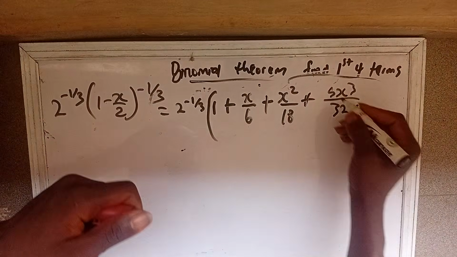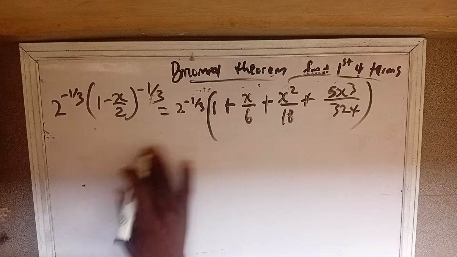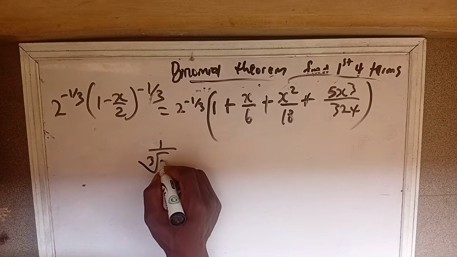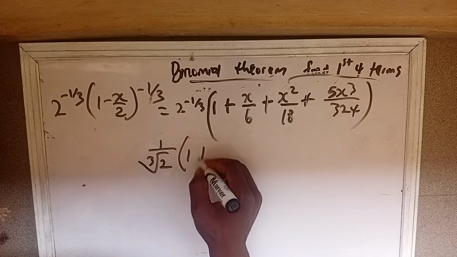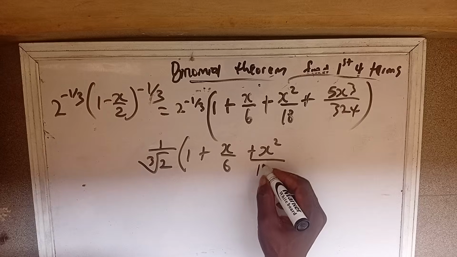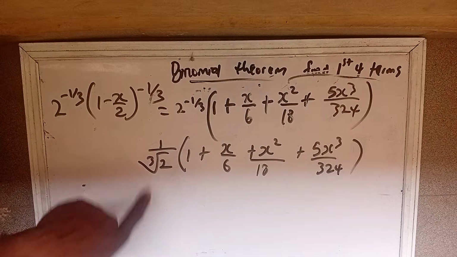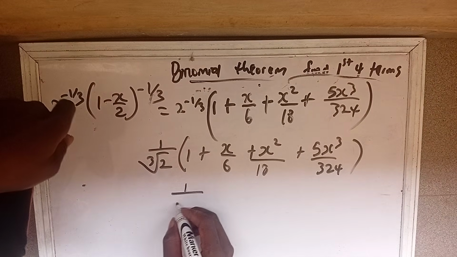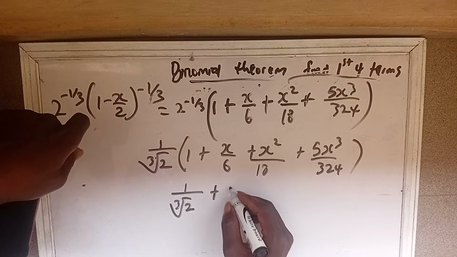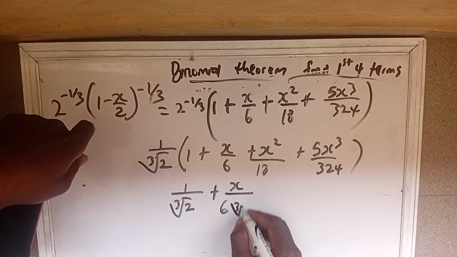So that's the now, but that's not yet the final answer because this is also part of it. So use this one to open the bracket. Now, this is the same thing as 1 over cube root of 2 into 1 plus x over 6 plus x squared over 18 plus 5x cubed over 324. So this times this, you have 1 over cube root 2, plus this times this, you have x over 6 cube root of 2.